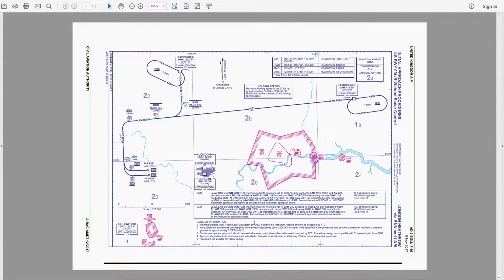What we're going to be doing today is the final part of all these charts in the simplest of fashions: SID charts, STAR charts, IAPs, and the charts that we're going to be looking at today. I have gone into pretty much 90% of the information that you need, and for most approaches, that's all the information you will ever need.